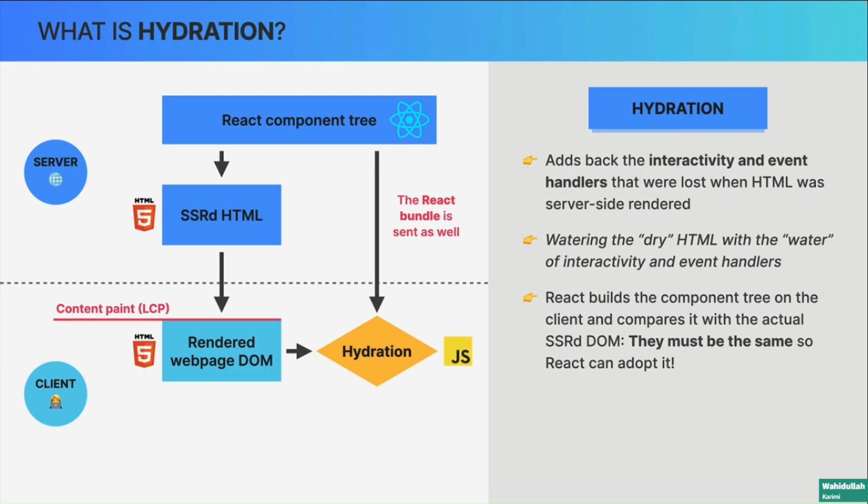And if they match, so if they produce the exact same DOM, then React will simply adopt the existing DOM and attach all event handlers and fire off existing effects. So again, instead of creating brand new DOM elements, which can take a long time, in hydration, React simply attempts to adopt the already existing DOM.